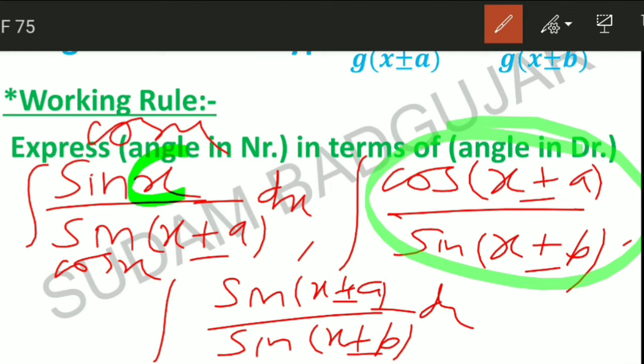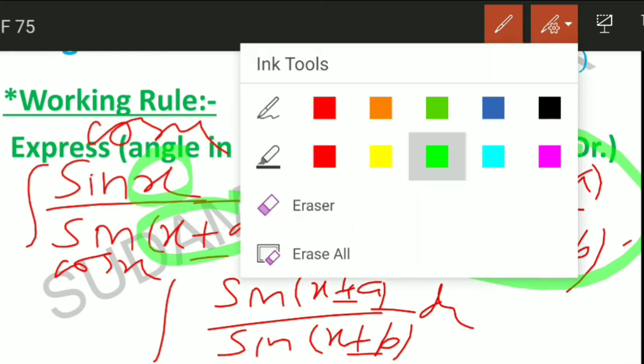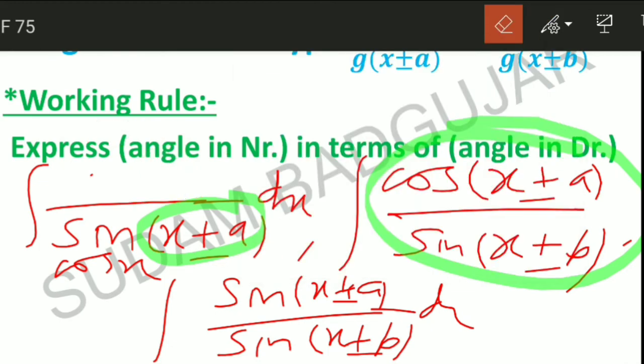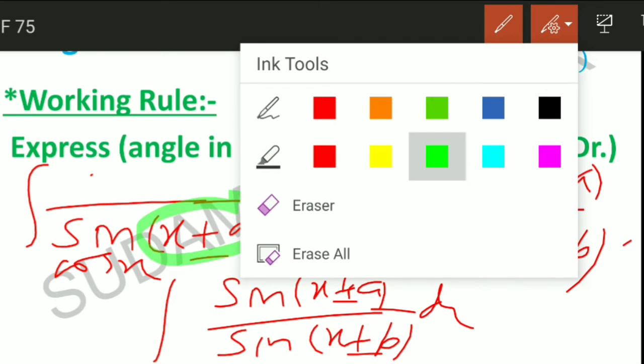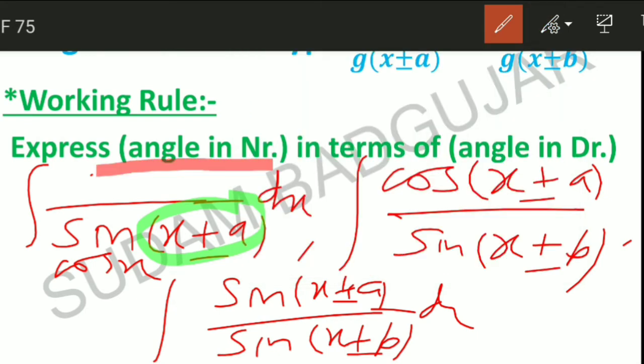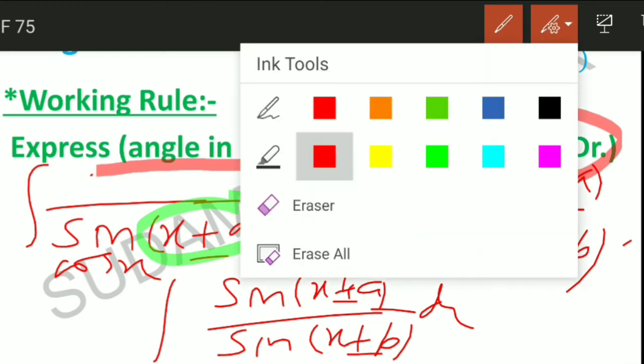The angles of the trigonometric functions in numerator and denominator are different. So what is the working rule? You have to convert the angle in the numerator in terms of the angle in the denominator. Means you have to express the numerator angle in terms of the denominator angle. See a particular example.